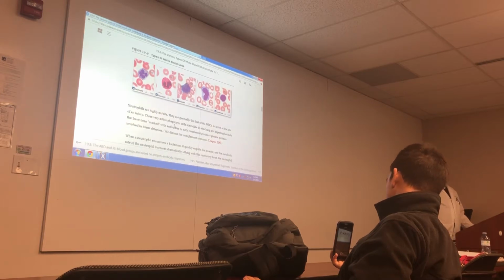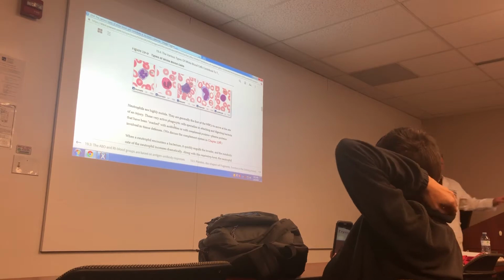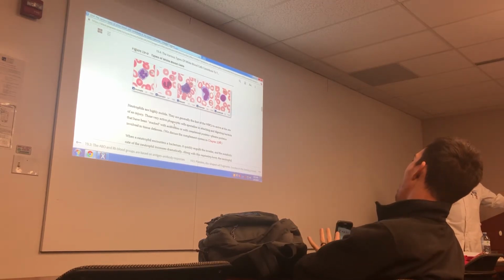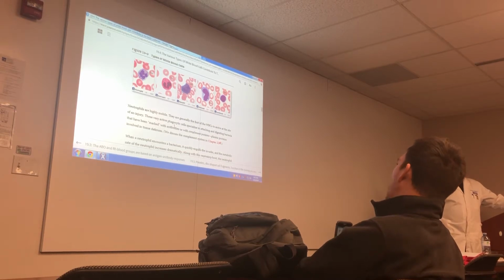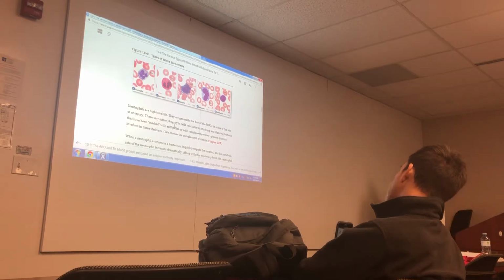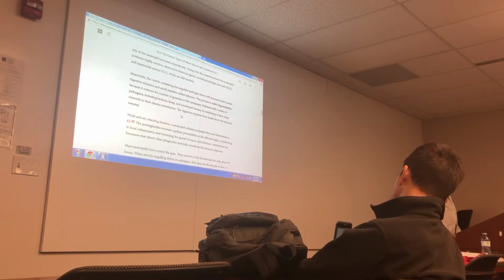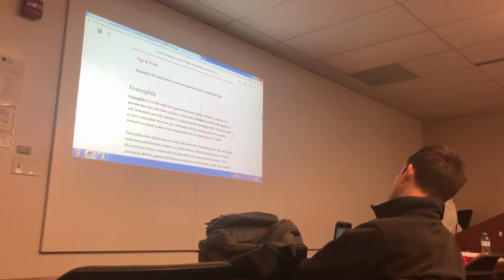Of these white blood cells, which ones have amoeboid movement? All of them. All of them have amoeboid movement. Degranulation, of course, that's getting rid of your granules.